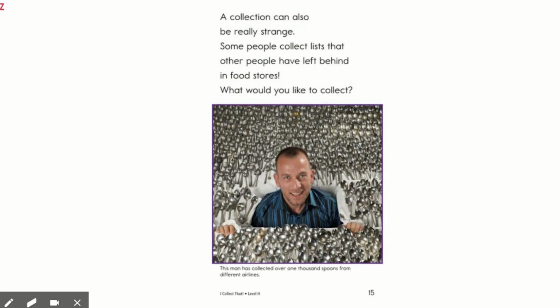A collection can also be really strange. Some people collect lists that other people have left behind in food stores. What would you like to collect? Under the photograph, the caption reads, "This man has collected over 1,000 spoons from different airlines."